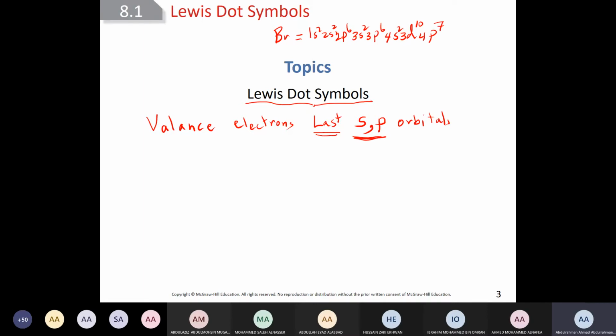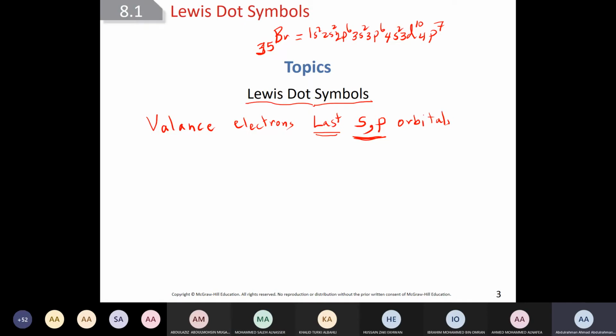What's the total number of electrons in Br? What's the atomic number of Br? 35. Very good. It cannot be 4p7, Doctor. It should be 4p5. We can't have 4p7.